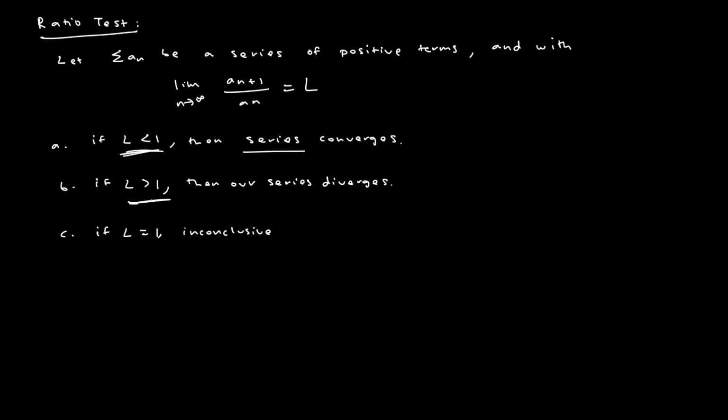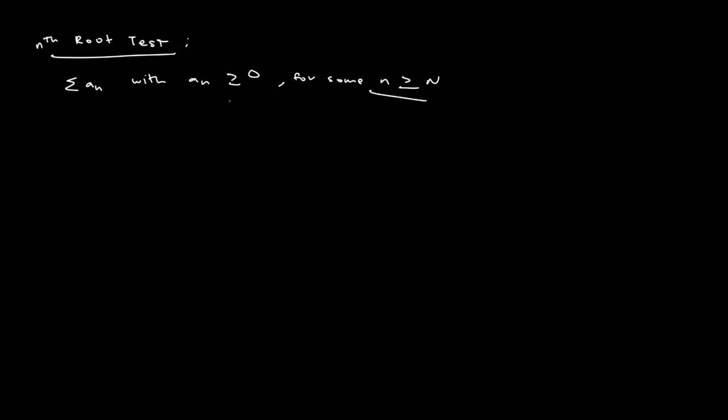On that same sort of vein is another test known as the nth root test. So again, we assume that we have the series, the sum of a of n. This one, we don't have to be positive, but we just have to be non-negative, so each term is greater than or equal to 0 for some n greater than or equal to N. So after some point, we only take on non-negative terms.